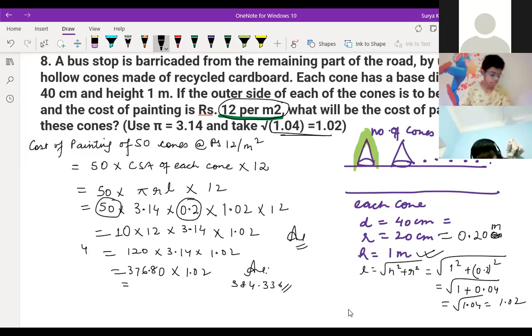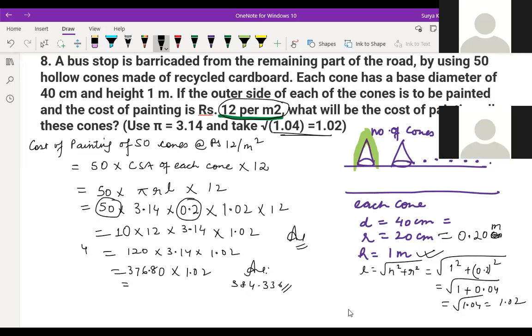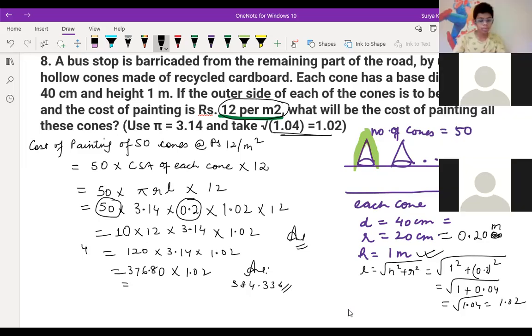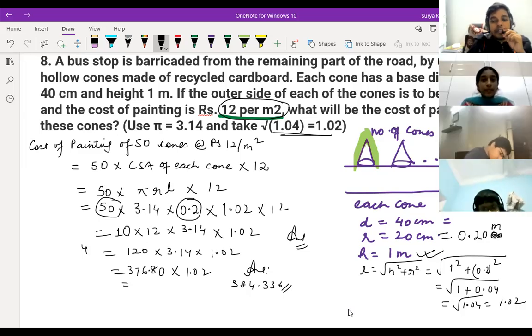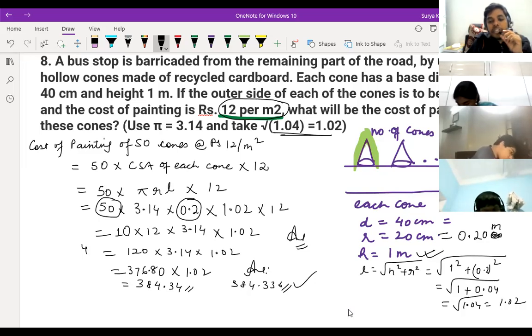Satvik, what answer is given at the back? 1 minute, sir. So 384. It's given at the last also same only, Sahil. So, sir, it's 384.34. Okay. Yes, sir. Yeah, same answer only. Fine. 384.34. That's they have given, this one approximation they have used.